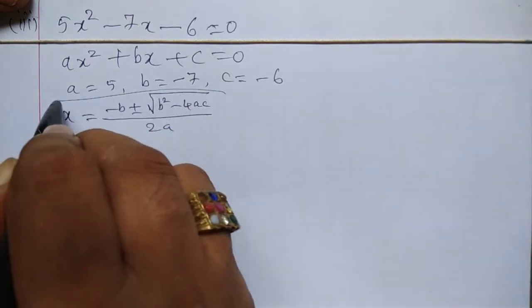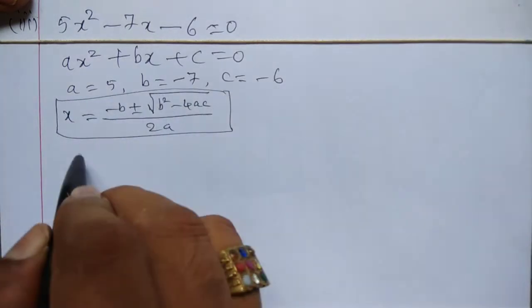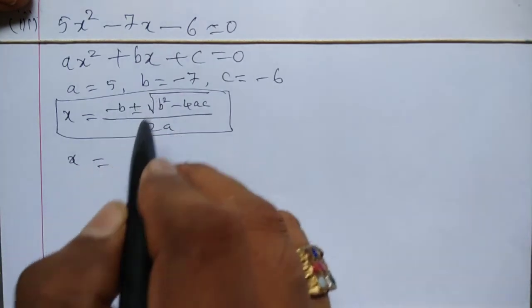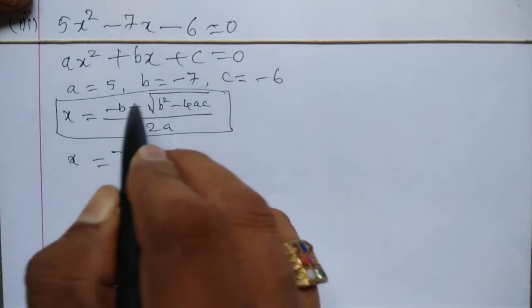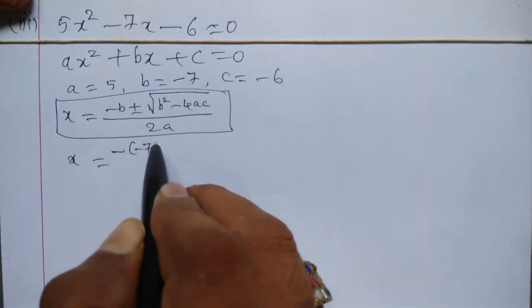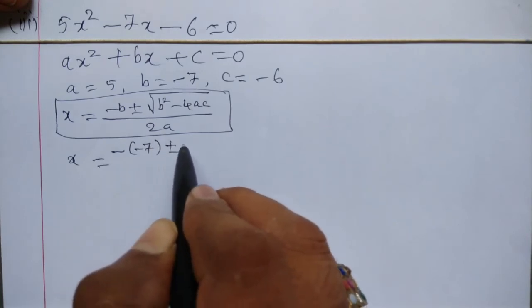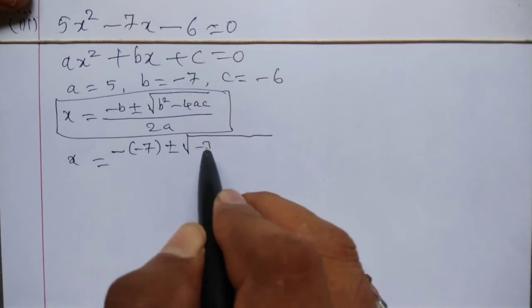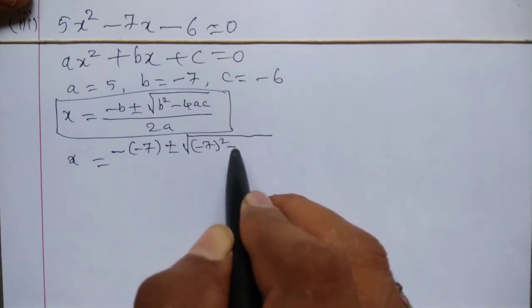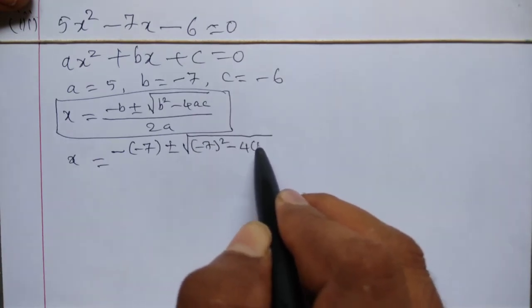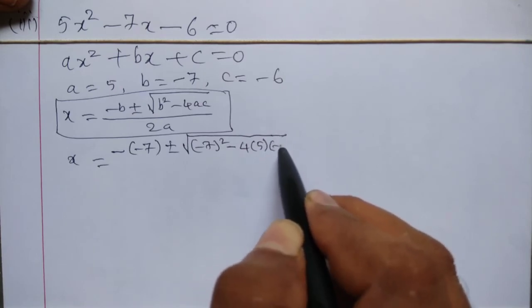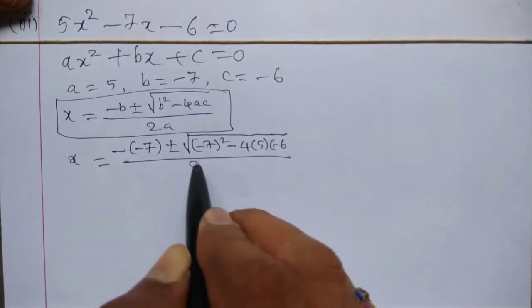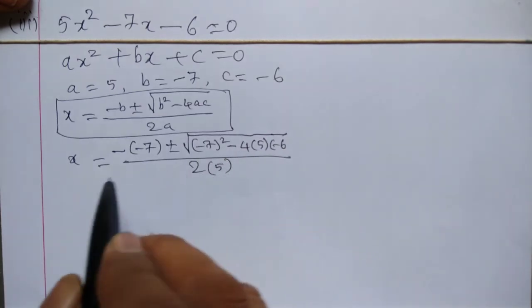This is the formula. So x is equal to minus of minus 7 plus or minus under root of minus 7 whole square minus 4 into 5 into minus 6, by 2 into 5.